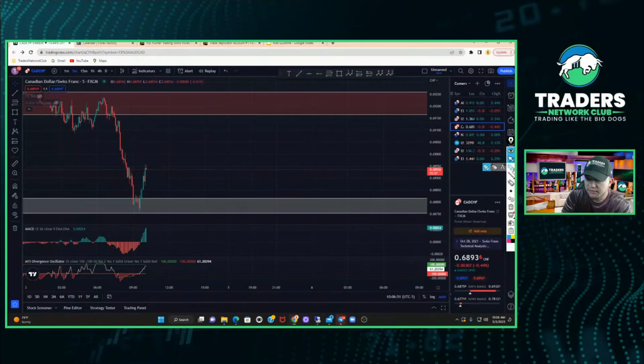And as you see, the 5-minute time frame is close to its overbought position. So once it gets there, we might see some retracement here a little bit on the CAD Swiss before we see it keep rallying to that supply zone.